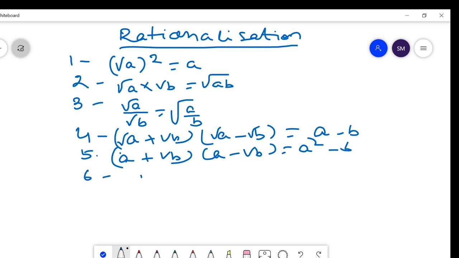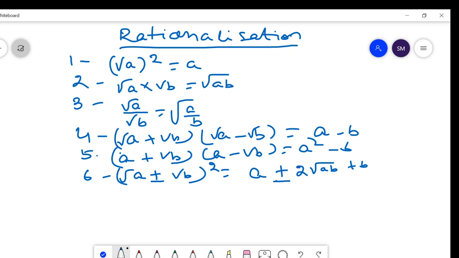Sixth identity, root a plus or minus root b whole square is equal to a plus or minus 2 root ab plus b.